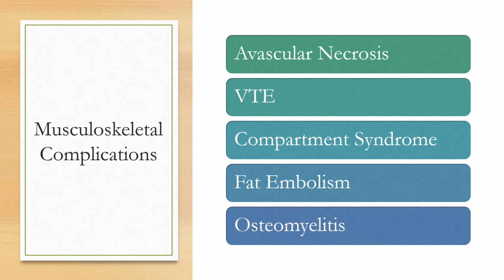Okay, so musculoskeletal complications. I'm sure many of you have heard of these. So avascular necrosis. We're going to talk about that. Just briefly, what is it? Well, it's death of bone because of loss of blood supply to that bone. Okay, so there's certain injuries such as a dislocated hip.